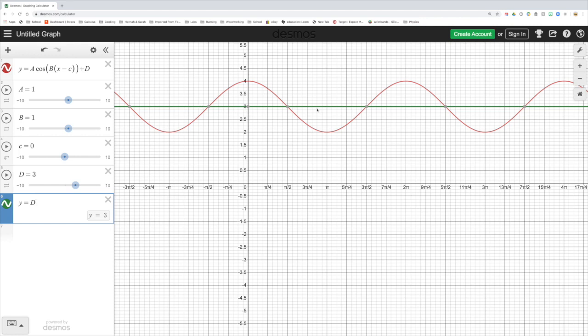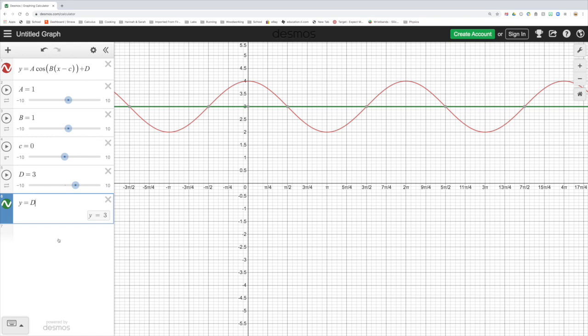I'm calling it a midline because it's midway between the max and the min. It's the average of the max and the min, right in the middle. We're going to go through and show you how to calculate all of this in just a minute, because we're going to have to figure out all this A, B, C, and D.